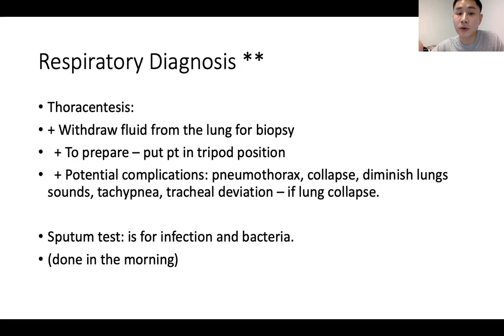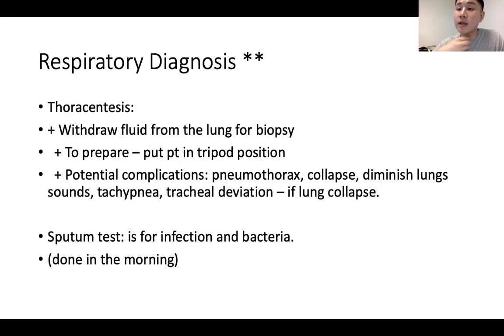The potential complication is pneumothorax. Pneumothorax means that when the doctor pokes the patient with the tube to get the lung fluid out, it can penetrate the lung tissue and cause a hole. That is what pneumothorax means, or lung collapse, diminished lung sounds, tachypnea, and tracheal deviation if the lung collapses.